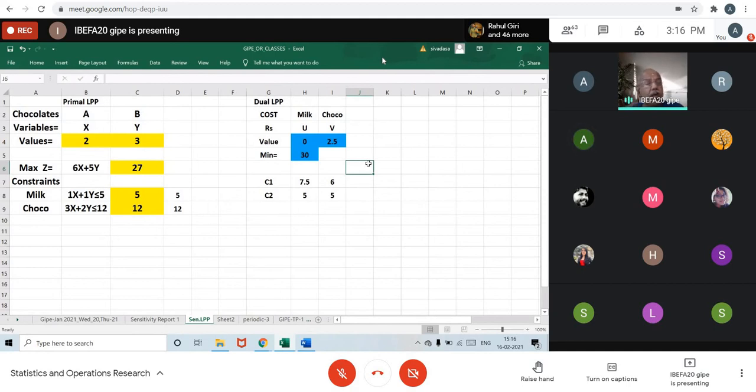So the linear combination of X coefficients, that is 1 times U plus 3 times V, should be greater than or equal to 6. Why? Profit per biscuit will be 6 rupees. So the cost has to be either equal to that or above. It's a condition to solve the problem.